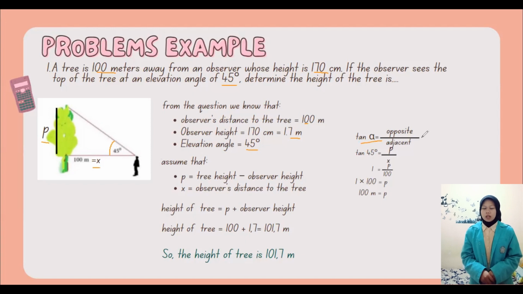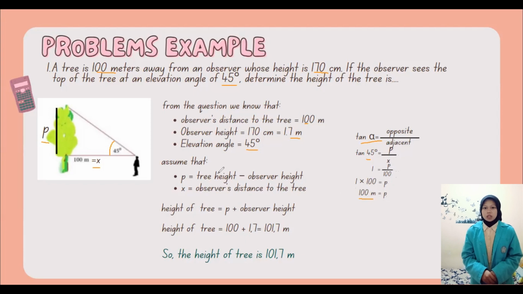Alpha is 45, opposite is P, and adjacent is X. The value of tan alpha, we know, is 1, equal to P over the value of X, which is 100. And then P equal to 1 times 100, we get the value of P is 100 meters.